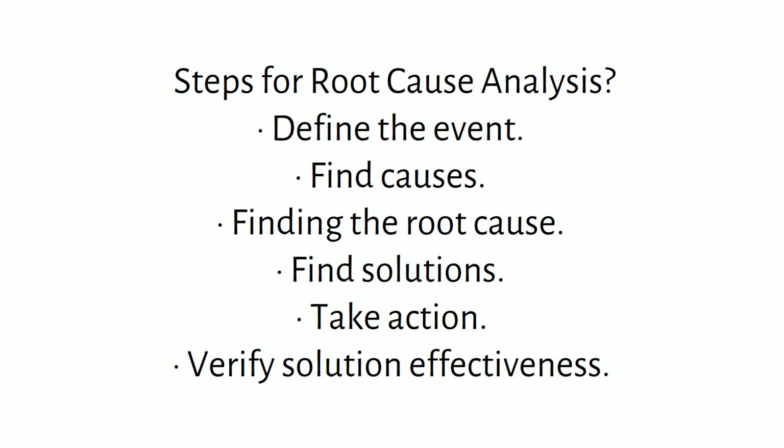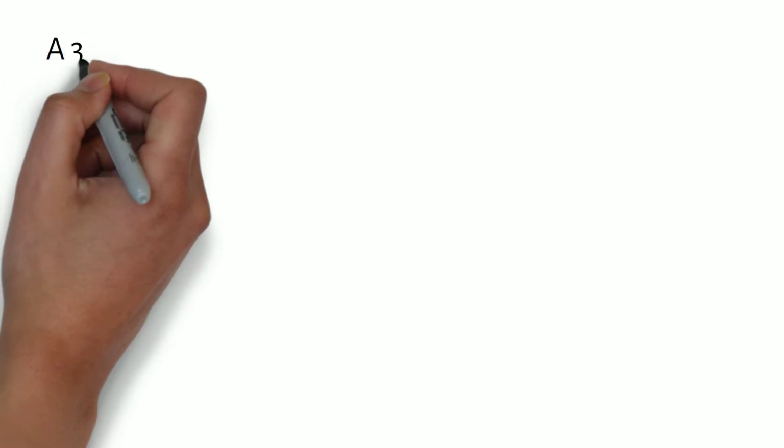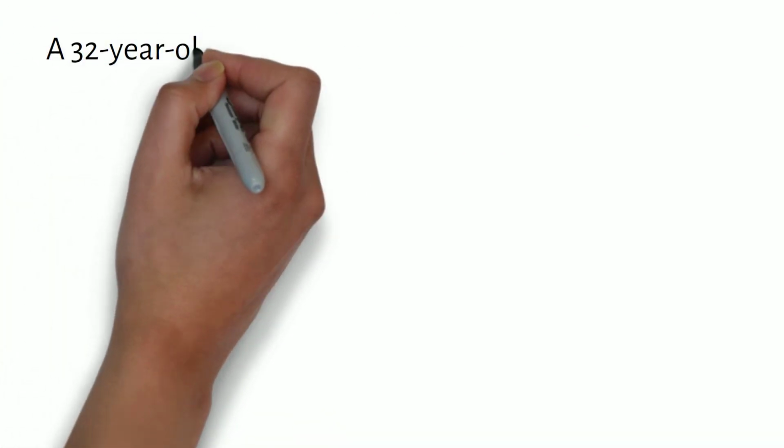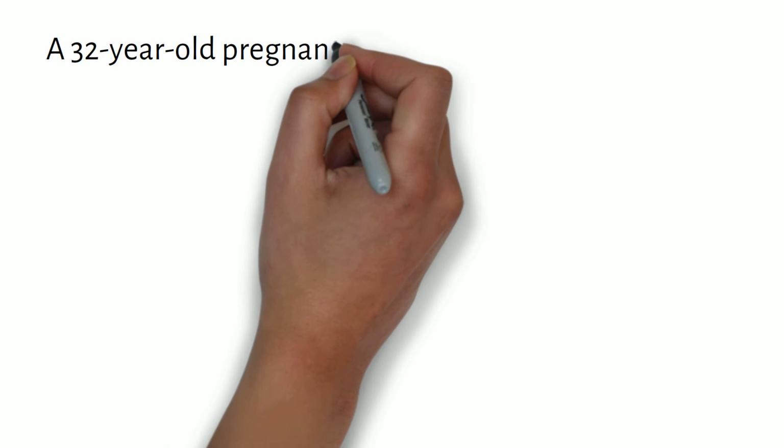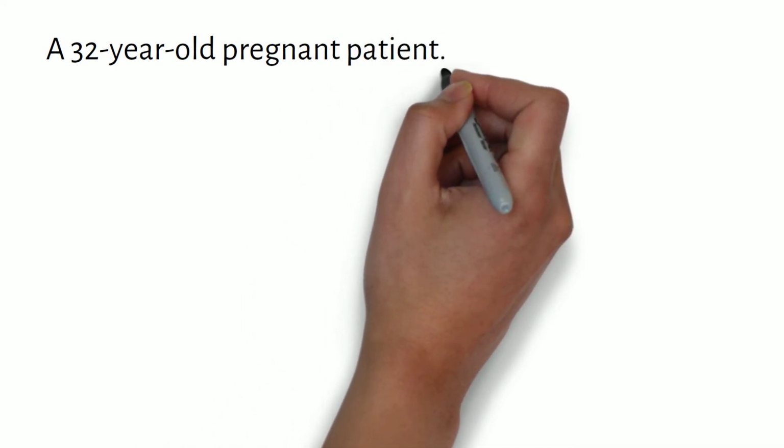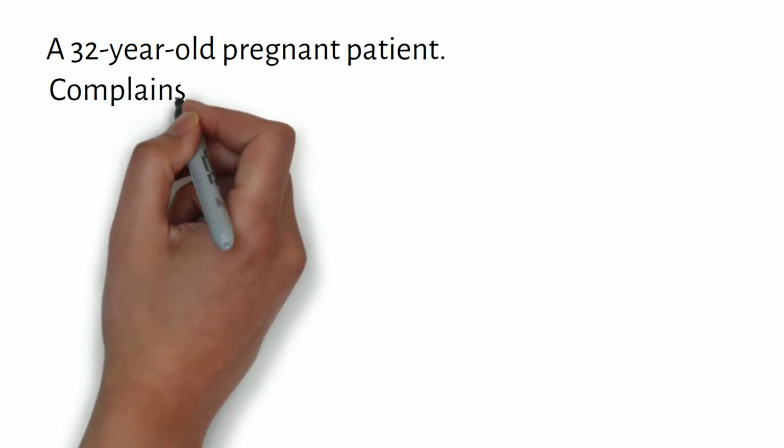Find the solutions, take action, and then subsequently you must verify that the solution that has been put into practice is effective. Let us take an example of a problem and see how we can solve it by these 3 methods suggested above.